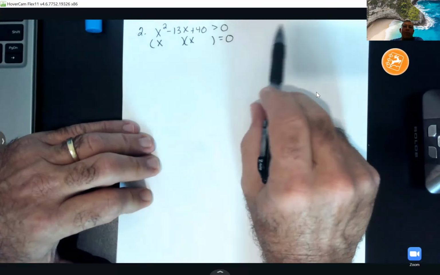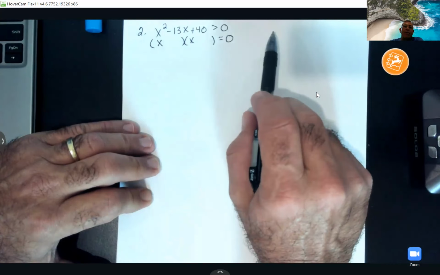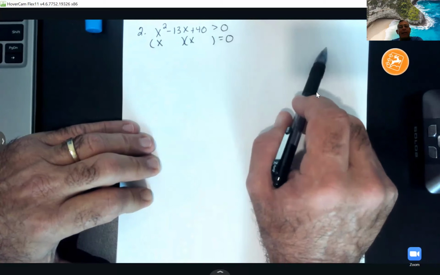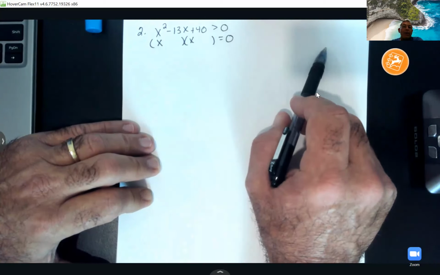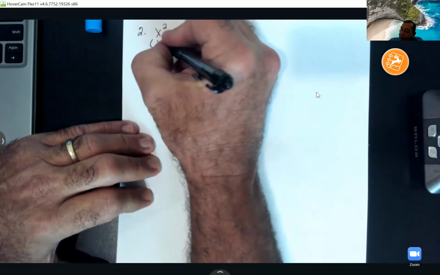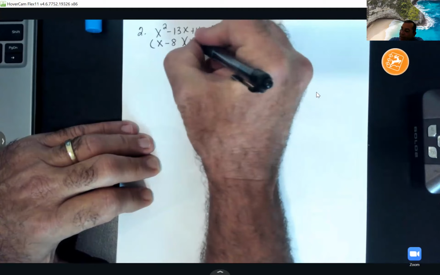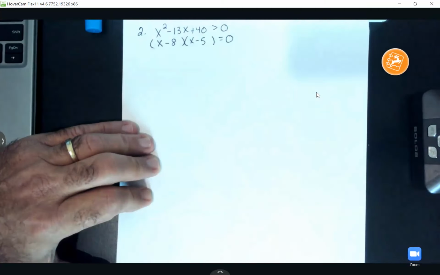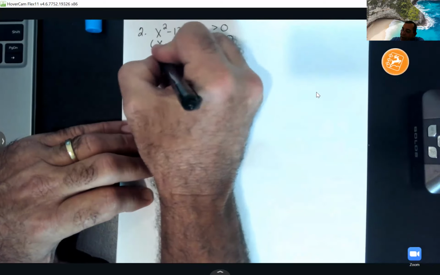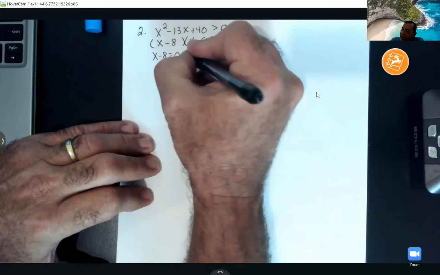So you got what, 1 and 40, but that don't work. 2 and 20, that don't work. 4 and 10, that don't work. It's going to be 8 and 5. Yeah, 8 and 5, that'll work perfect, and they're both going to be negative, remember. Alrighty, so set them equal to 0, and we'll get our two numbers.